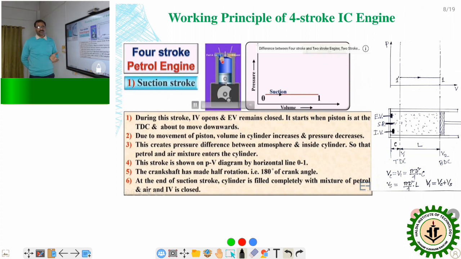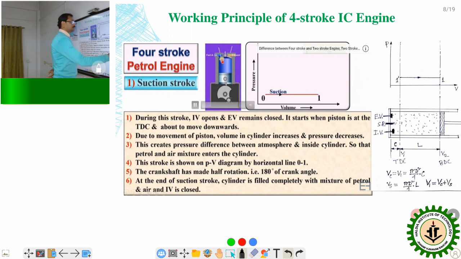Only air will be sucked into the cylinder. This happens in one stroke, when the piston moves from the top dead center to the bottom dead center. Then the fresh charge, a mixture of air and petrol or, in a diesel engine, only air, goes into the chamber, and the inlet valve is open at this time.